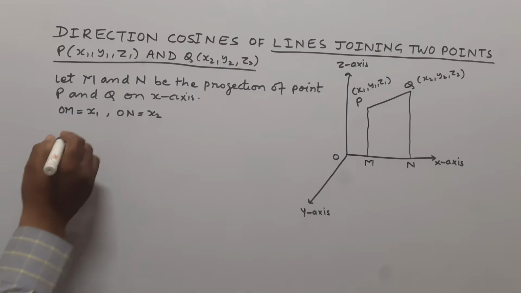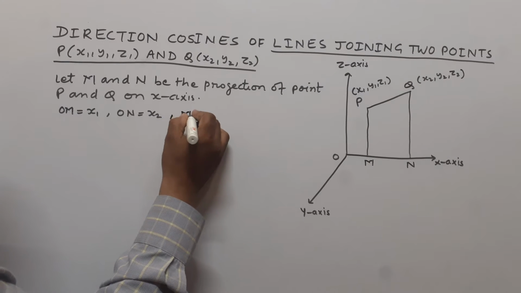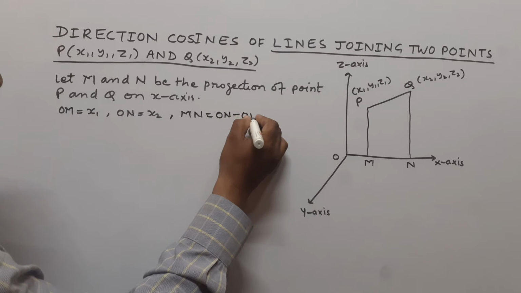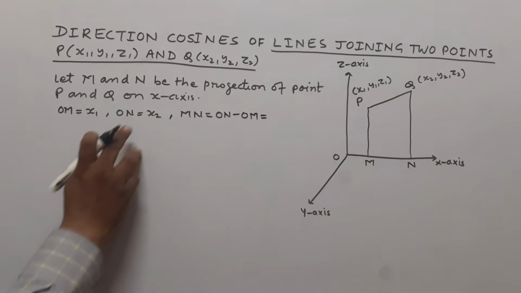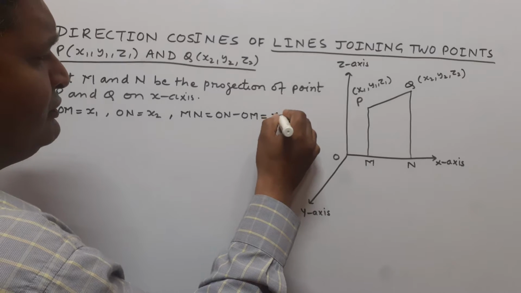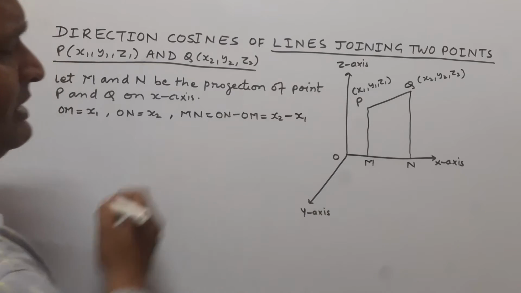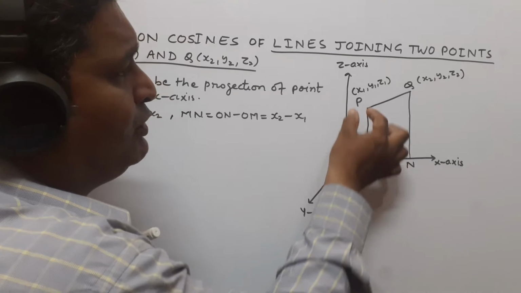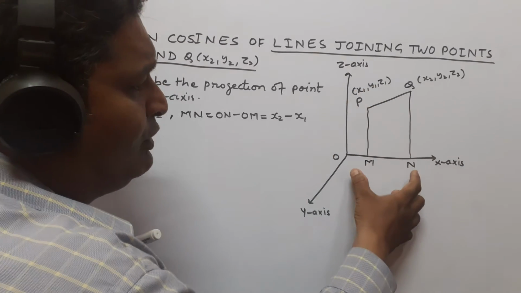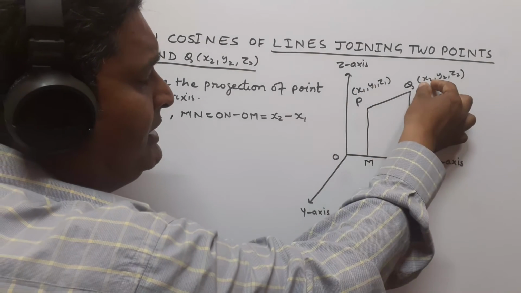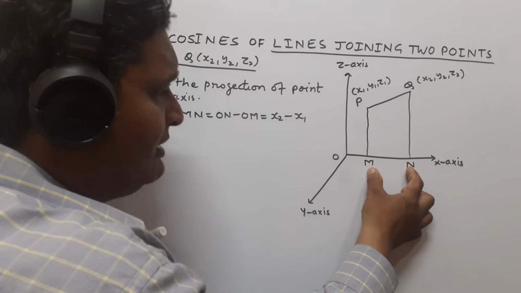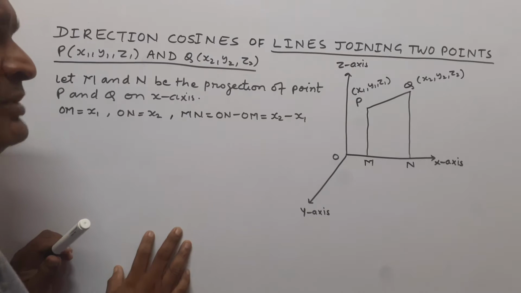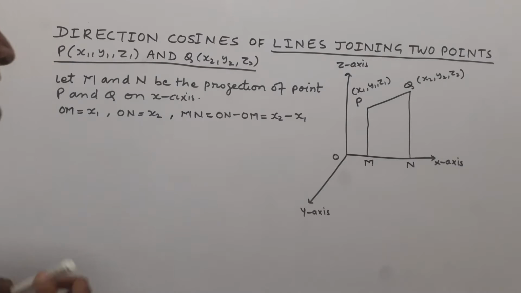Now we find MN. From the figure we can see MN is equal to ON minus OM, that is x2 minus x1.